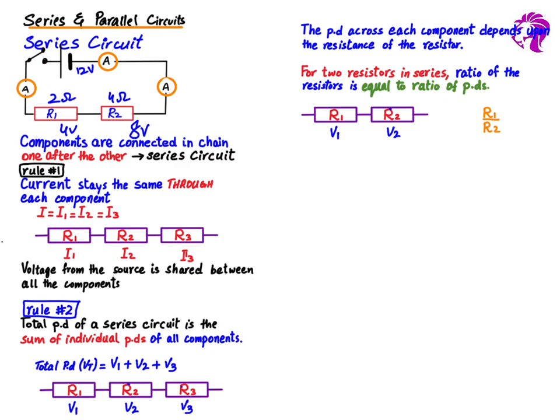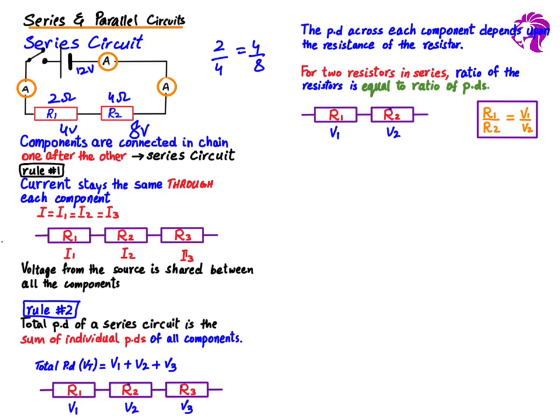R1 upon R2 is equal to what? The ratio of voltages. This will get voltage 1, this will get voltage 2. So the ratio of resistances will be equal to the ratio of voltages, right? This is valid for 2 resistors only, right?